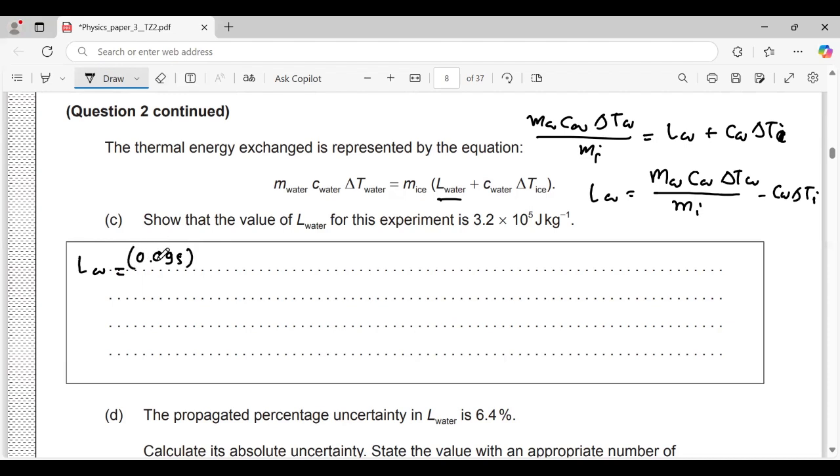And then after that, multiply the specific heat capacity of water, 4,200.